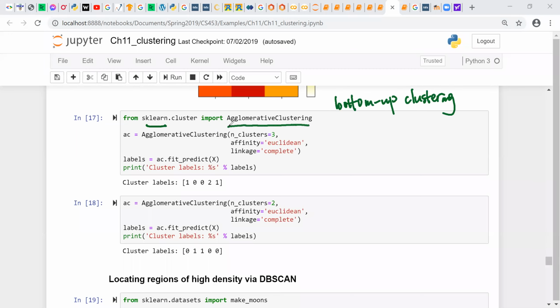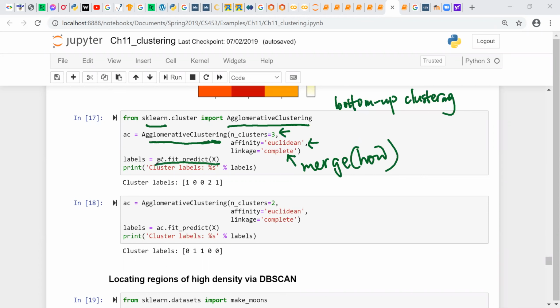You can directly use agglomerative clustering, and you specify the number of clusters, what kind of distance you want to use, and how to merge. I'm going to use complete linkage to merge. So then you have clustering.